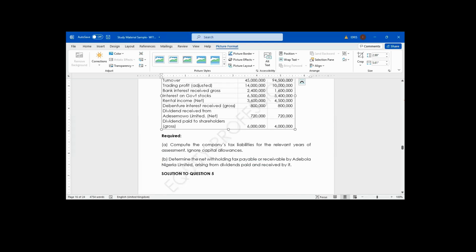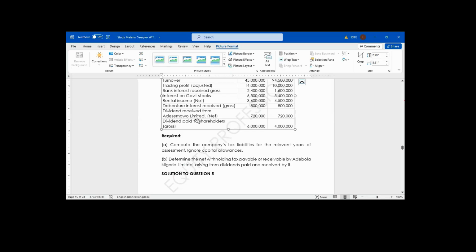Now, the second question said you should determine the net withholding tax payable or receivable by Adebola Nigeria Limited, arising from dividend paid and dividend received. Look at it.